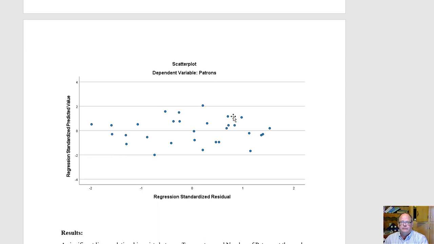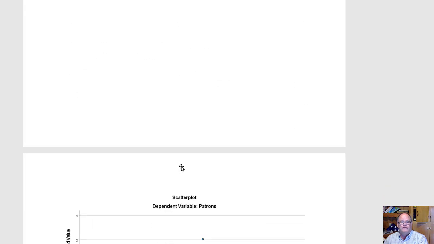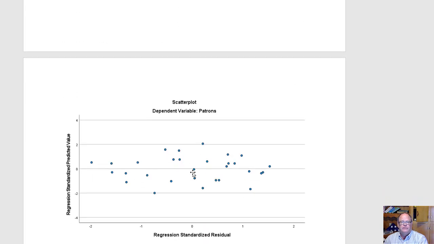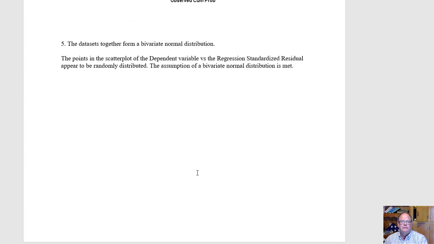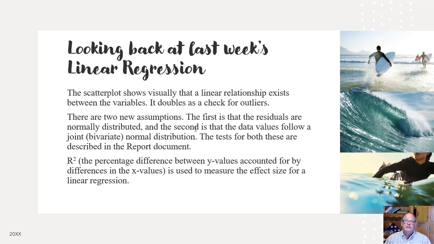They're just scattered, and if they did follow a line, it would be a horizontal line straight across. That is an indicator of a random scatter, which is what we wanted. What this is designed to do is yield a random scatter if the variables were, as we hoped, following a bivariate normal. So those are our two new assumptions for this time and how they work.